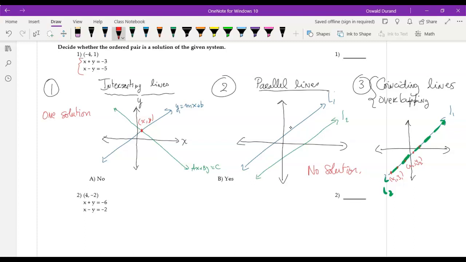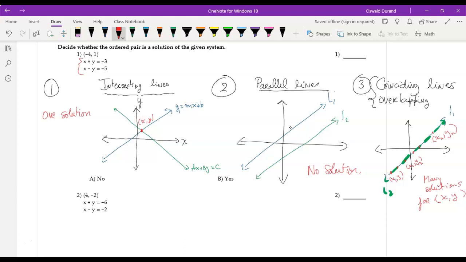Those are all the solutions, right? So they have infinitely many solutions for X and Y. So you have many solutions for the coordinate X, Y.